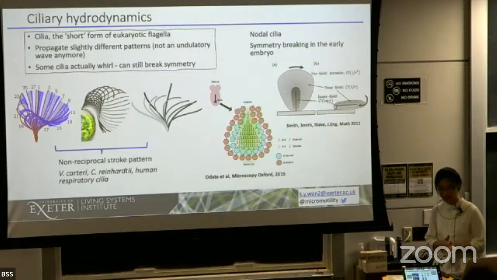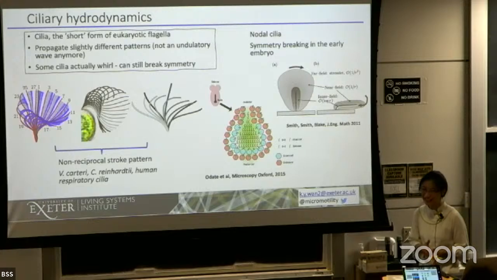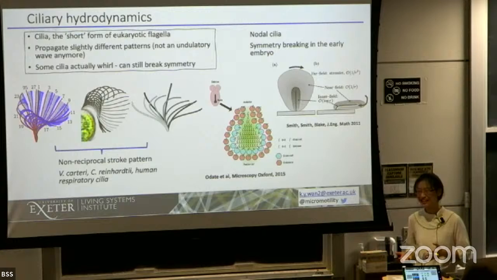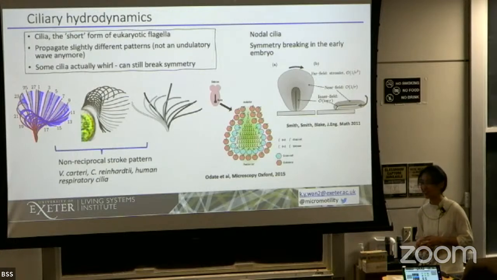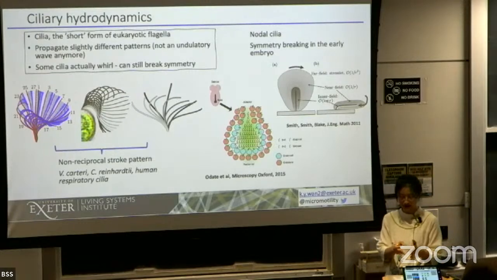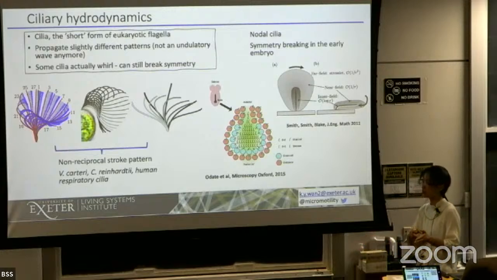I think the way to quantify it is well established. For example, you can construct symmetry parameters, or rather measures of asymmetry, which take into account not just the shape, but also the time that you spent doing the power stroke or doing the recovery stroke.